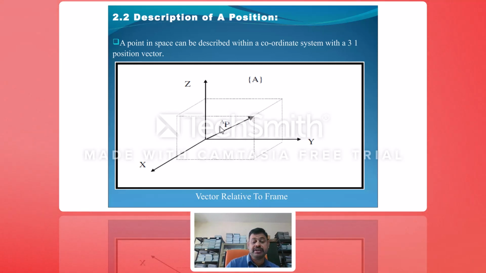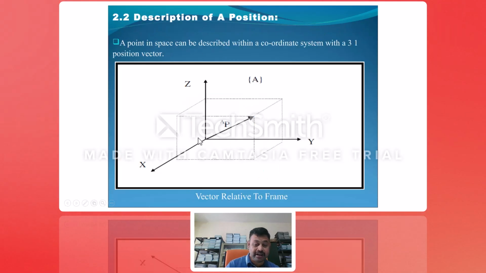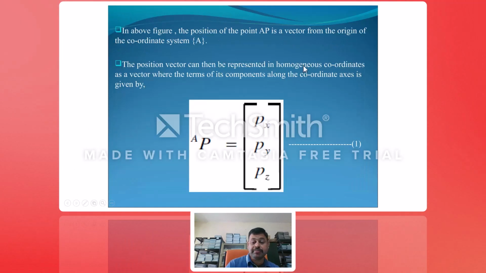Here the position vector of point P is there. How are they representing it? This is available in the next slide. In the above figure, the position of point P is a vector from the origin of coordinate system A. So the coordinate system A origin and the position vector can be represented in the homogeneous coordinate system as a vector. This is called homogeneous description.